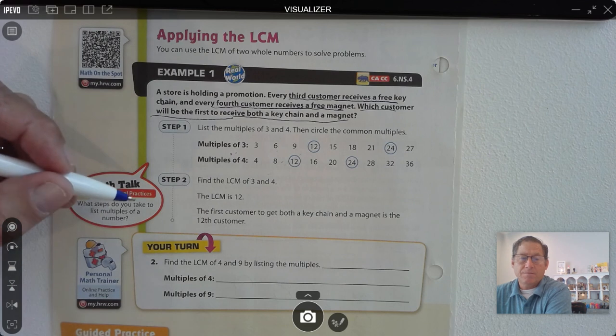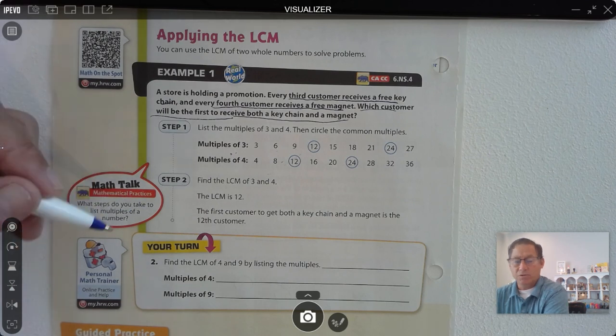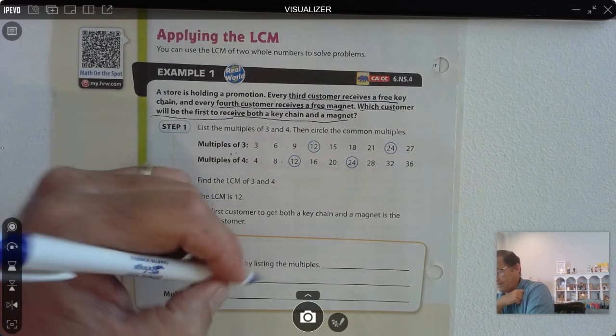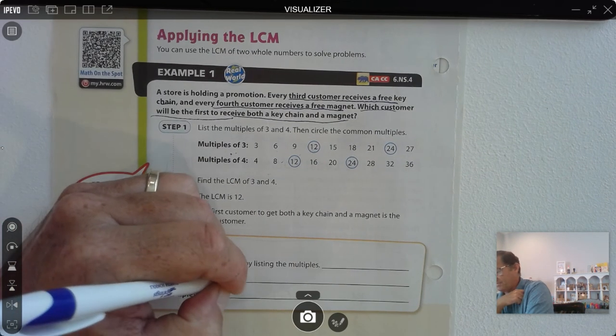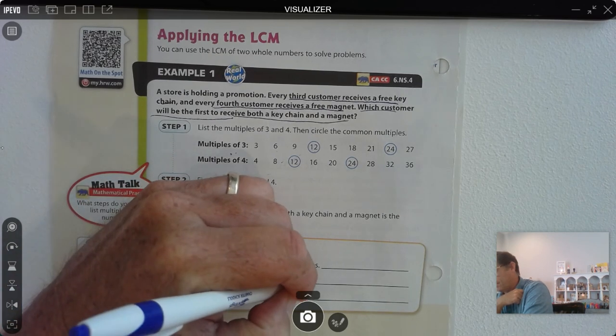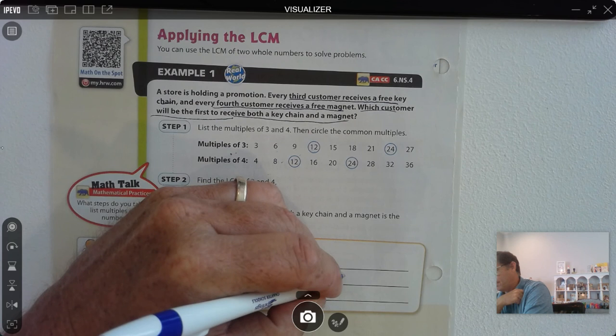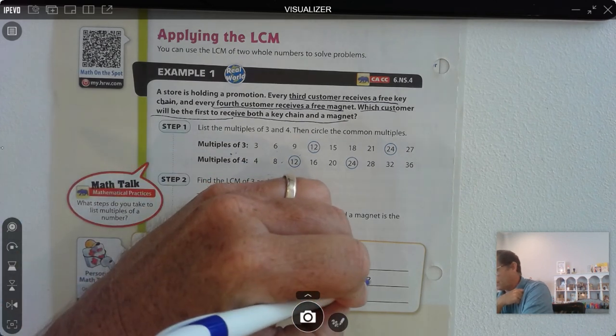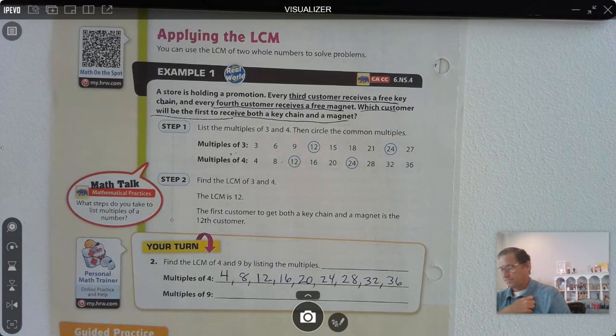All right, so find the least common multiple of 4 and 9 by listing the multiples. So what are the first multiples of 4? Well, we already have those right there. We're just skip counting by fours. Multiples of 9.